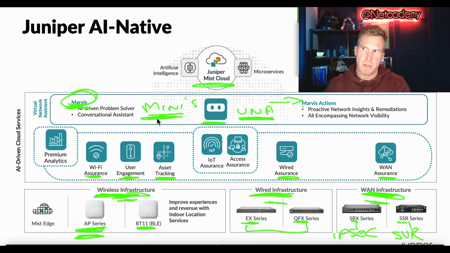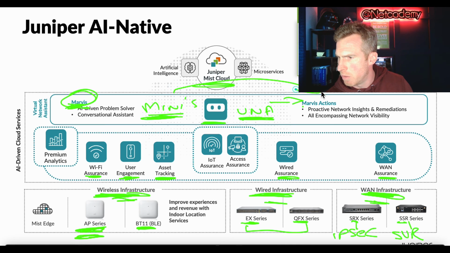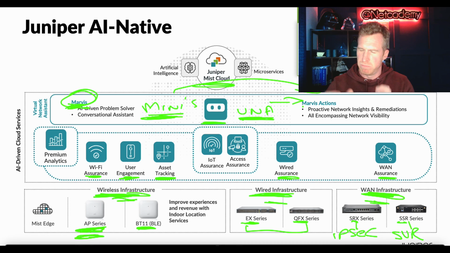And if any of these are not working, let's do a dynamic packet capture, let's capture this information and feed this into the Marvis action so that the operational team are actually able to see these networking and end user impacting events on the network without any users being connected to that wireless network.